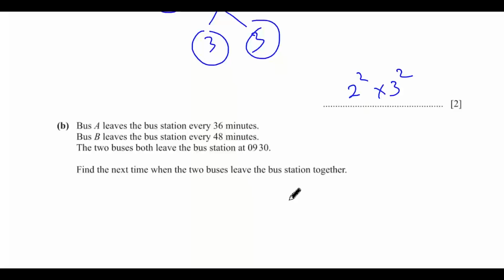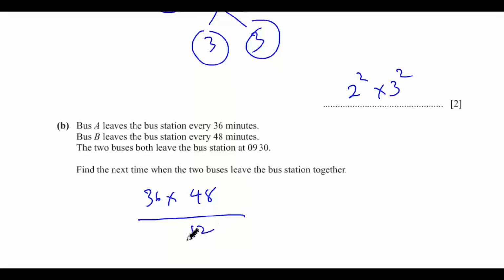So we need to find the lowest common multiple of 36 and 48. There are different methods you could use. But the method I'm going to use in this video, I'll just multiply 36 by 48, then divide the product by the highest common factor, which is 12.